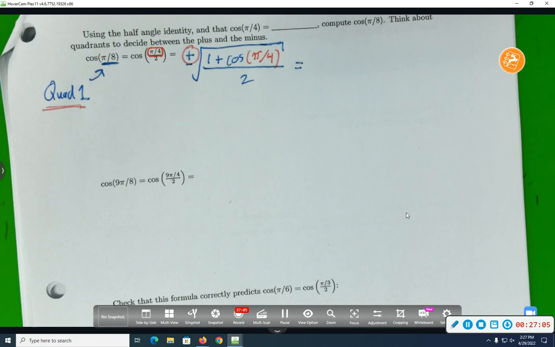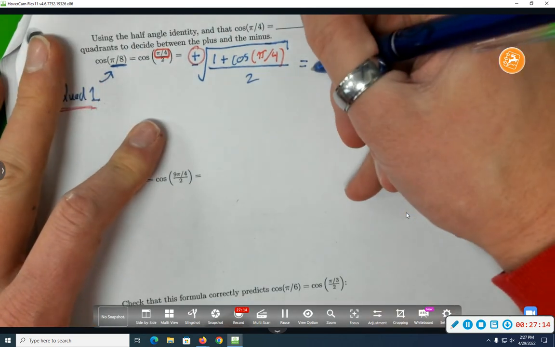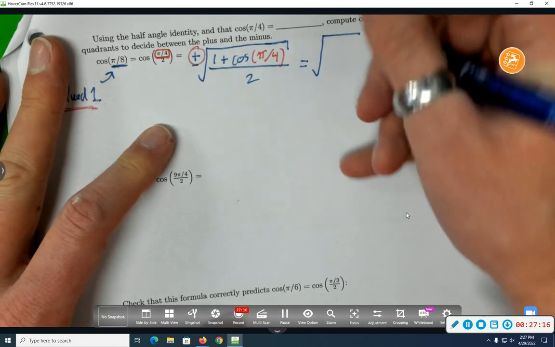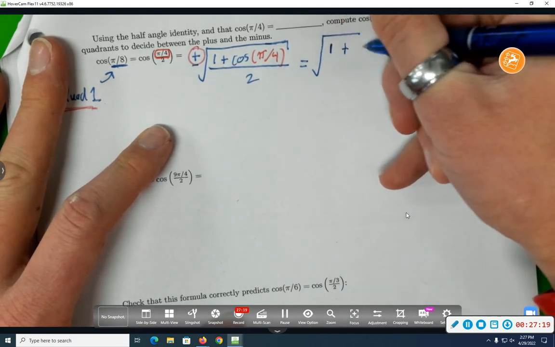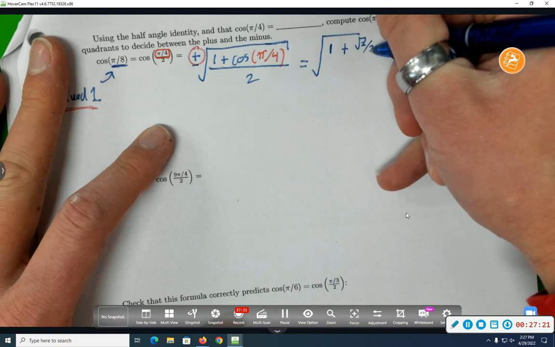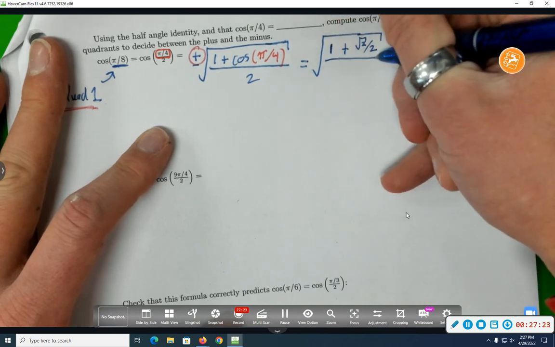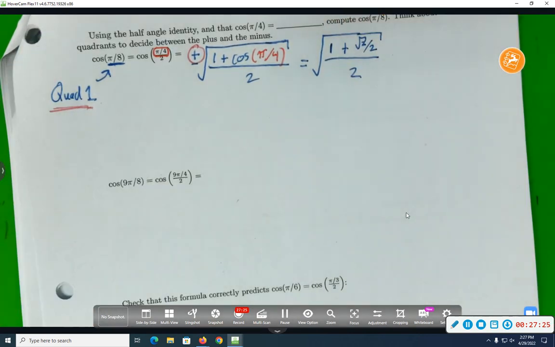What's the cosine of pi over 4? Root 2 over 2. So this is equal to, it's plus, so I can stop writing the plus. 1 plus root 2 over 2 all over 2. And now I guess the game is do some simplification. So in that numerator, I see 1 plus a thing divided by 2.